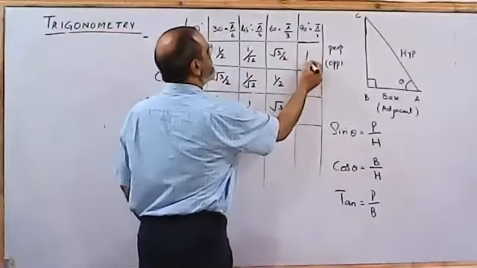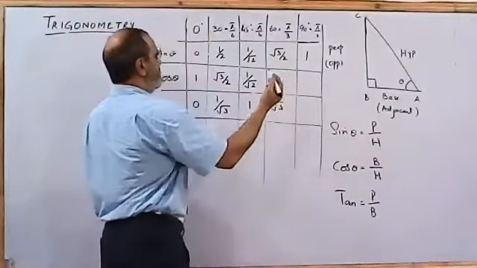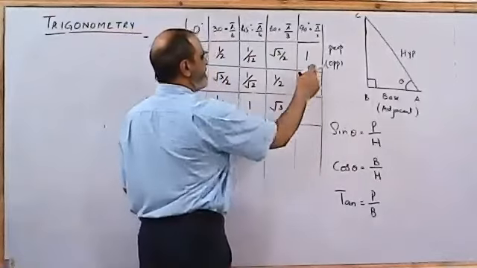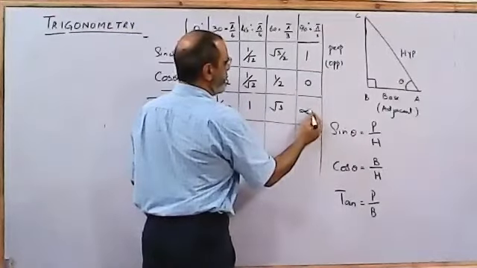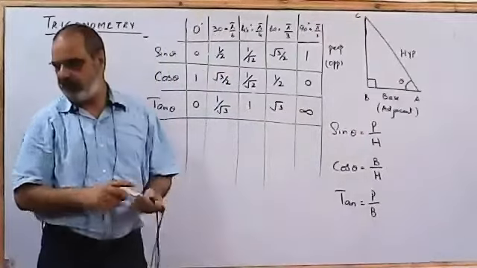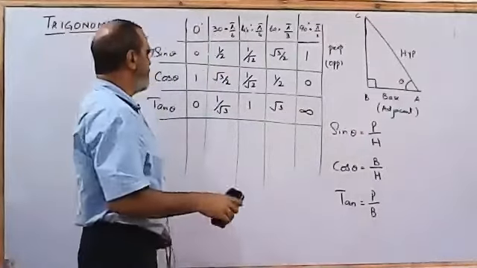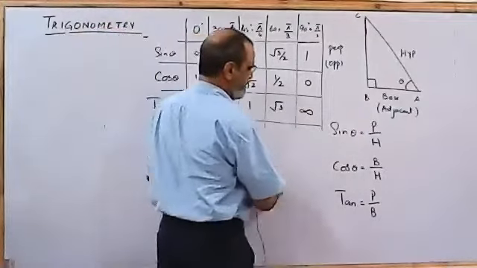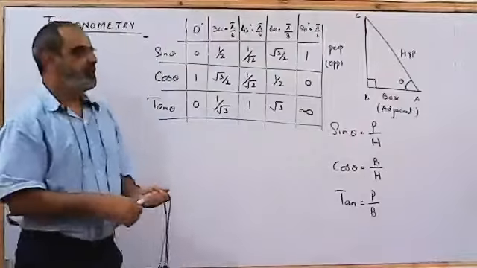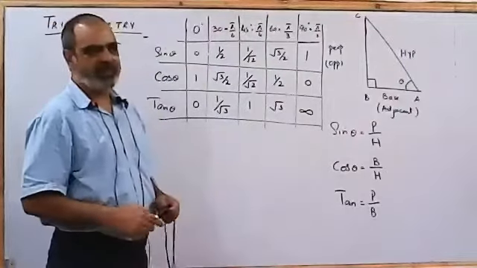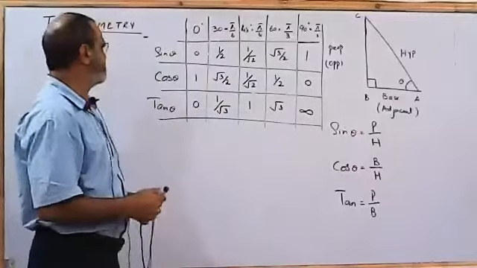Sine 90 is 1, cos 90 is 0, and if we divide 1 by 0, we get undefined. So tan 90 degree is undefined. Similarly, we can use these values to find the exact values of sine, cos and tan in other quadrants as well.